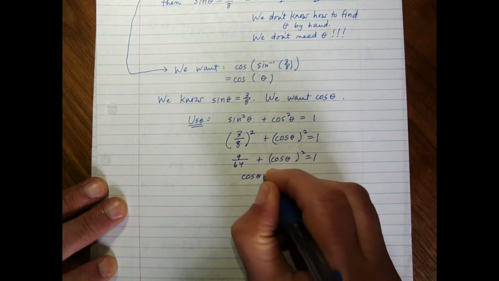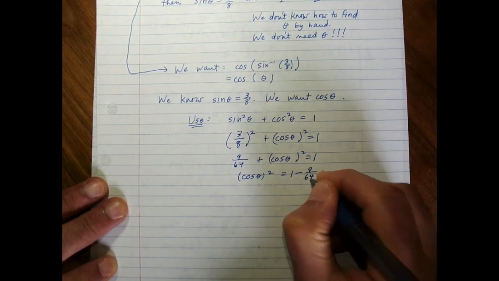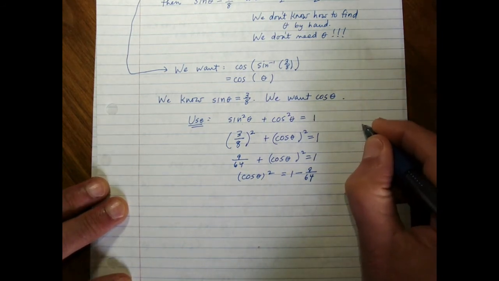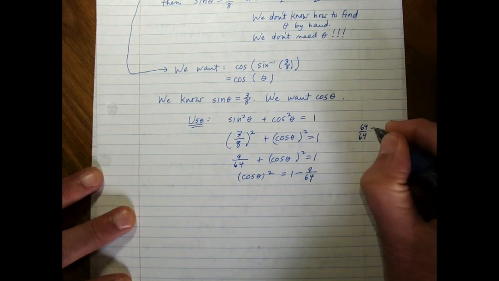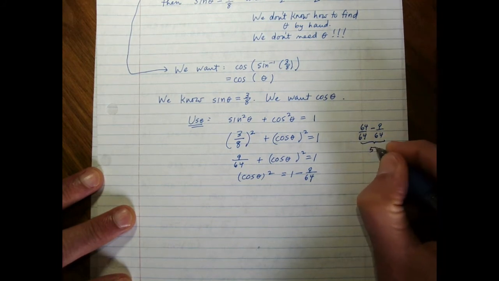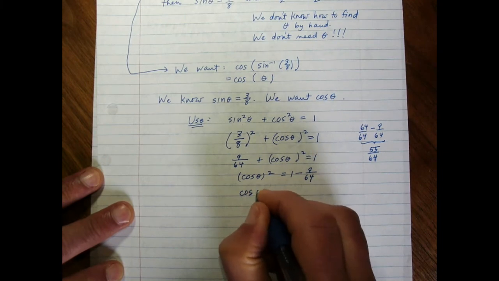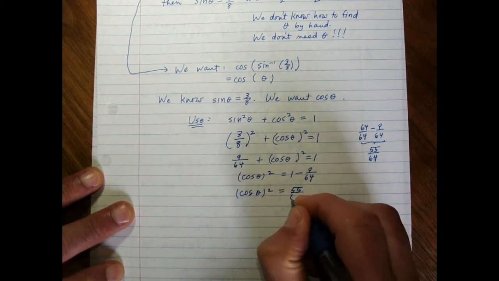So cosine theta squared equals 1 minus 9/64. And so you're going to have to do 64/64 minus 9/64 is, I think that's 55/64. So cosine theta squared is 55/64.